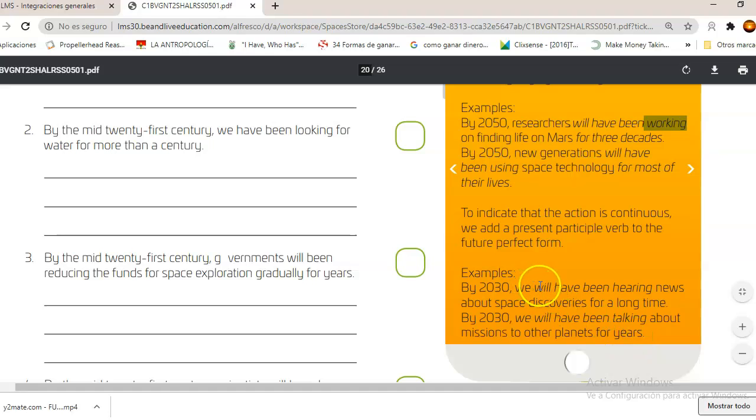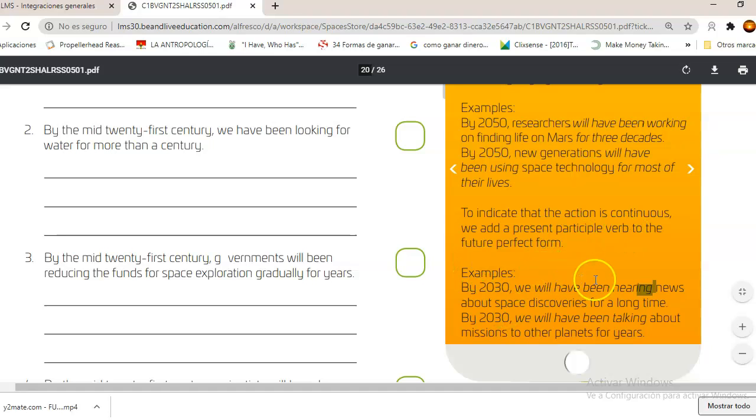So again, we have the will, which is showing us the future, have been, which is the perfect continuous, and then the base form, and then the ing, okay, which is making it a continuous form.